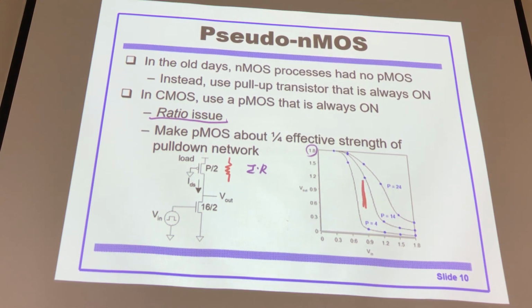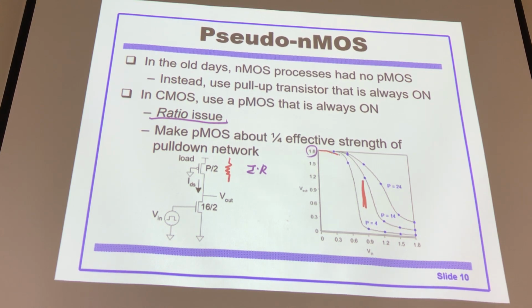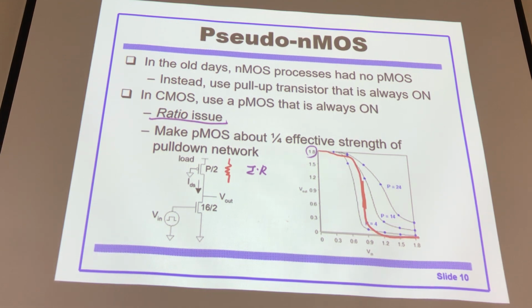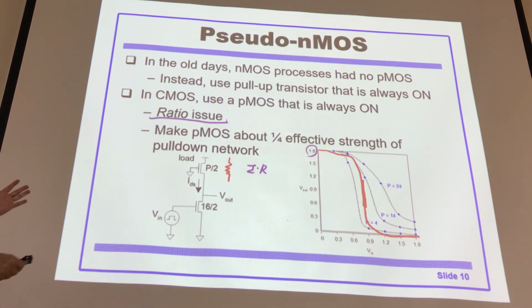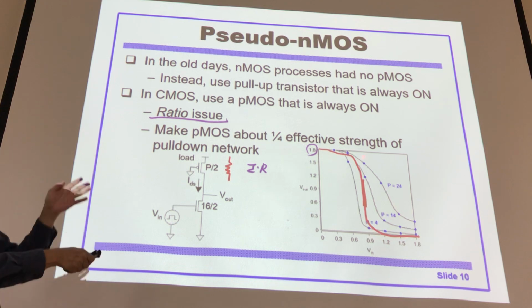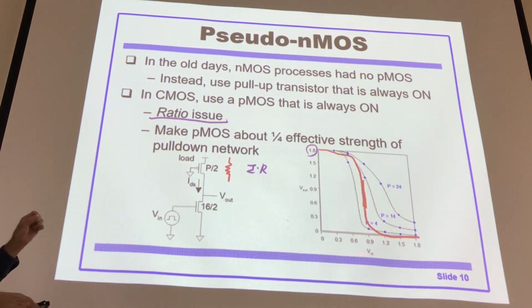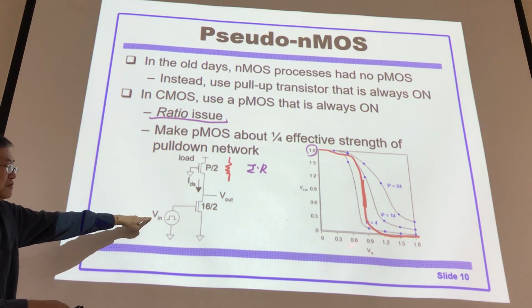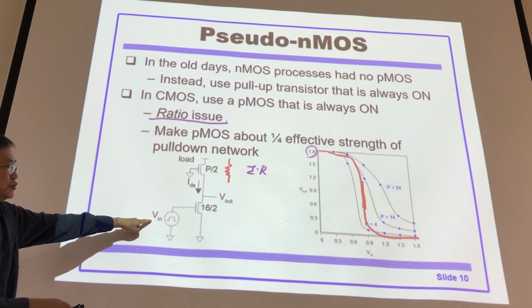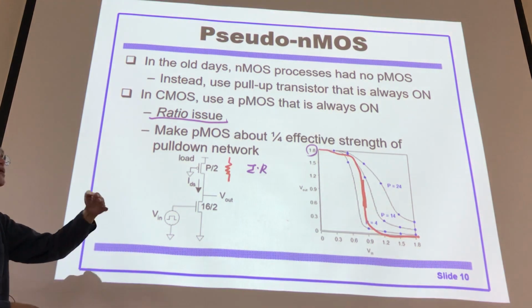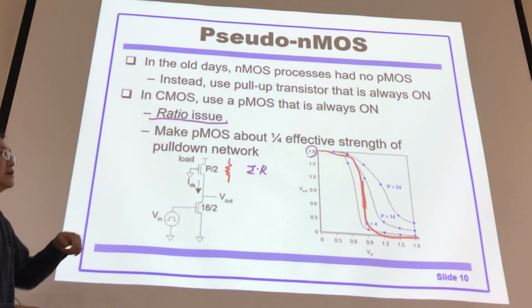0.9 is the middle. We hope that your curve should be sitting in the middle, meaning when we increase the input voltage from 0, 0.3, 0.6, 0.9 is about crossing the middle value between 0 and 1.